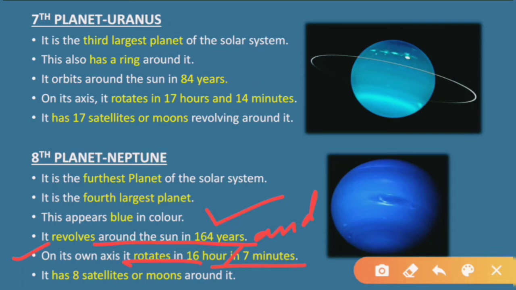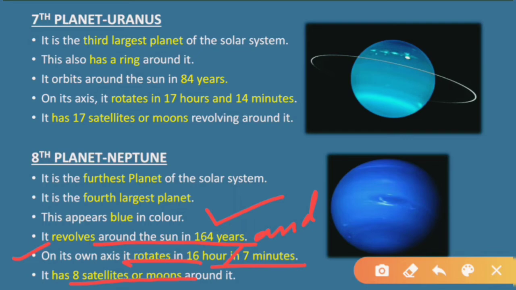Okay, so it takes around 164 years to complete one circle around the sun, plus it takes 16 hours and 7 minutes to complete one circle in its own place, meaning on its own axis. Okay, and how many satellites or moons does it have? It has 8 satellites or moons of its own which move around this planet.